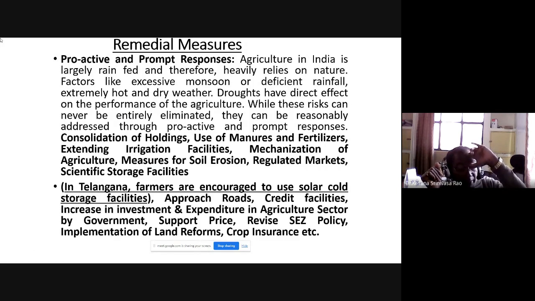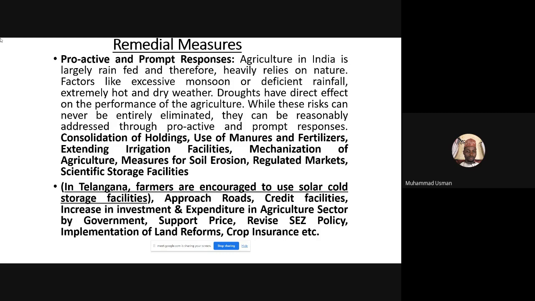In America, in Latin American countries, or Asia, or African countries, with this consolidation of holdings, we can adopt use of manures and fertilizers, extending irrigation facilities, mechanization of agriculture, measures for soil erosion, regulated markets, scientific storage facilities. These are the remedial measures which we can adopt to reduce the problems which we are facing in the agriculture sector.